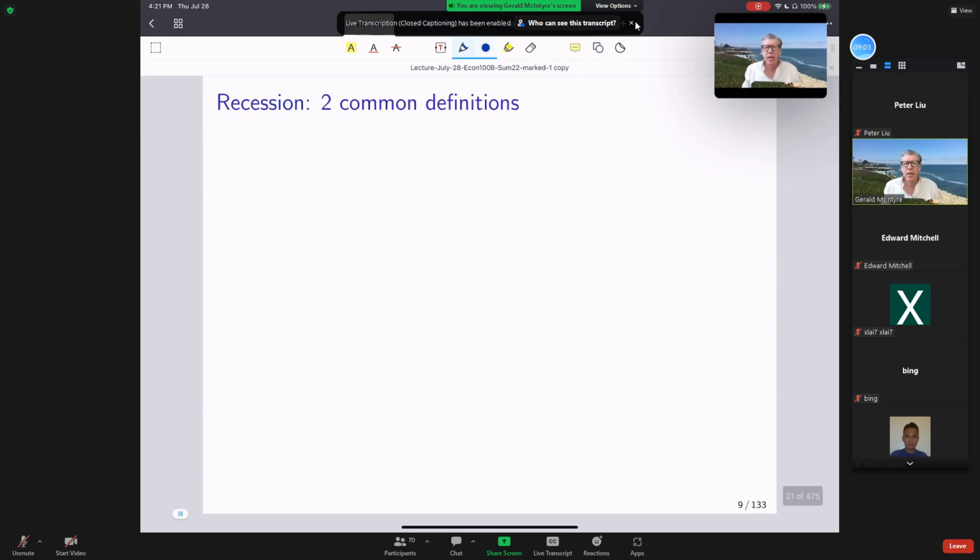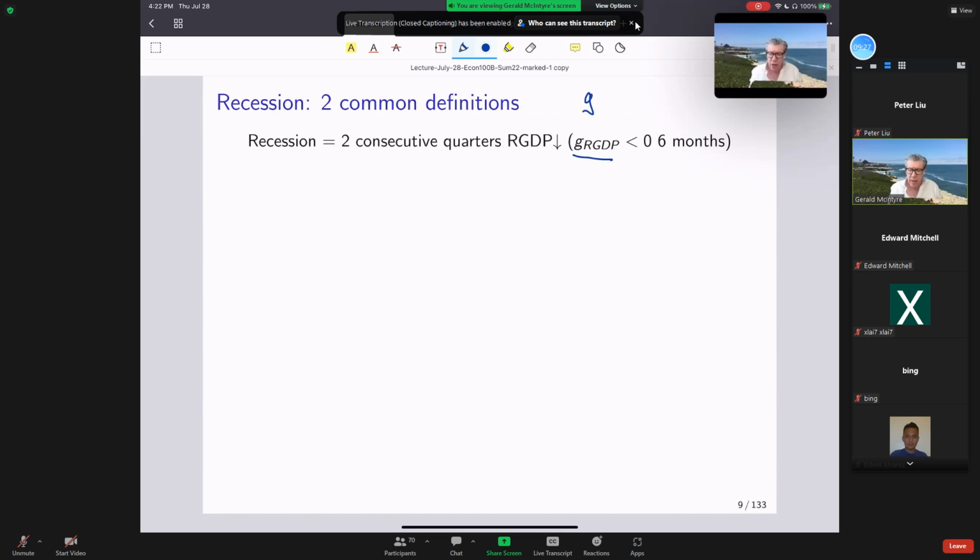All right. What I want to take away from this is to think about our two common definitions of recession. The first definition is what you very often hear in the press, that recession is equal to 2 consecutive quarters of falling real GDP. In terms of our notation, falling real GDP would mean the growth rate of GDP. Remember, we used a small g sub x to be the growth rate of x.